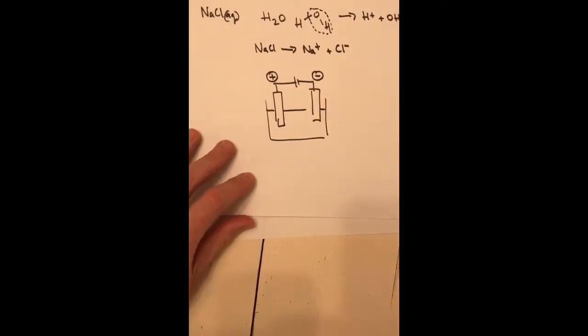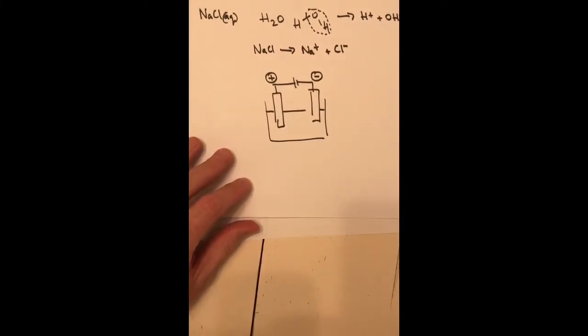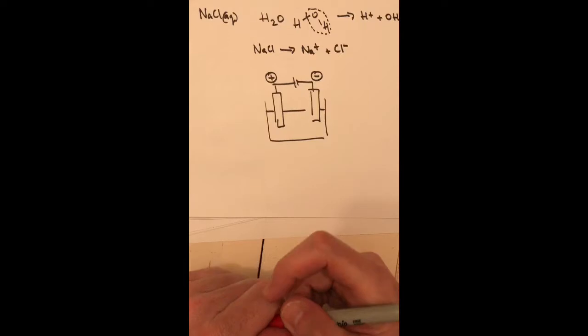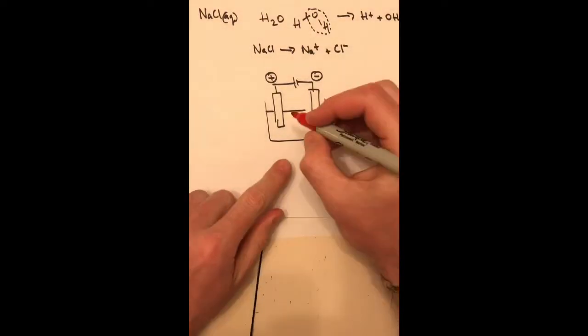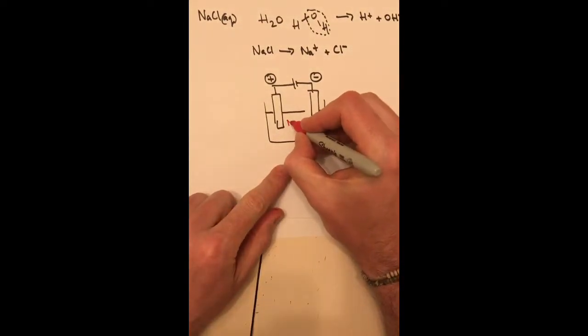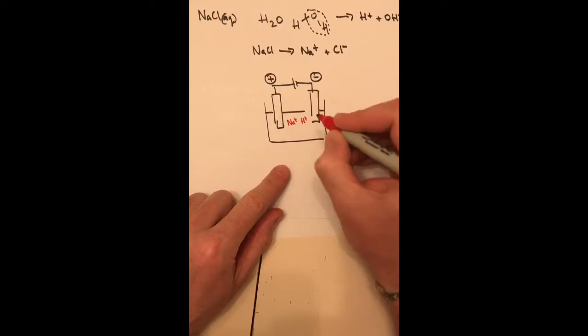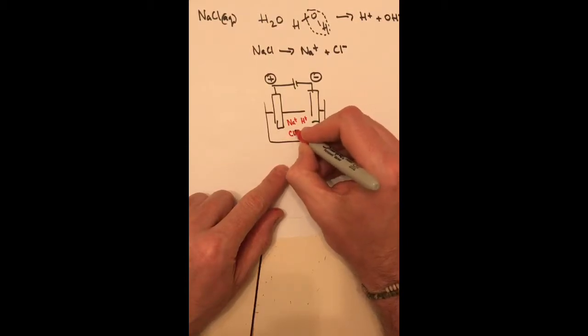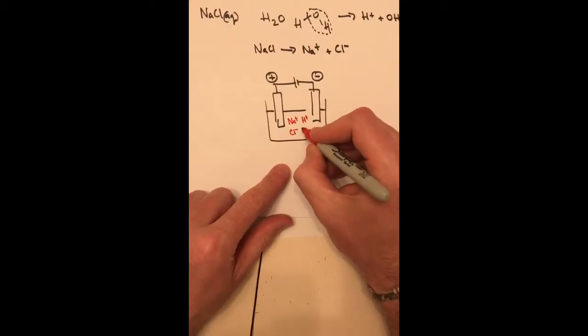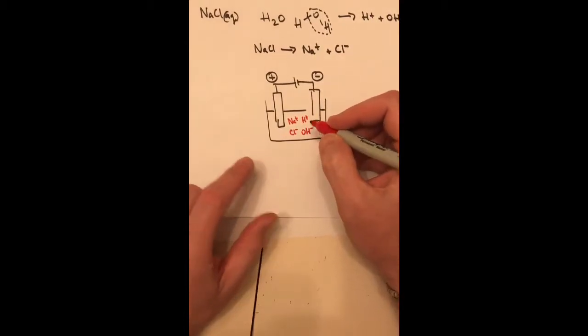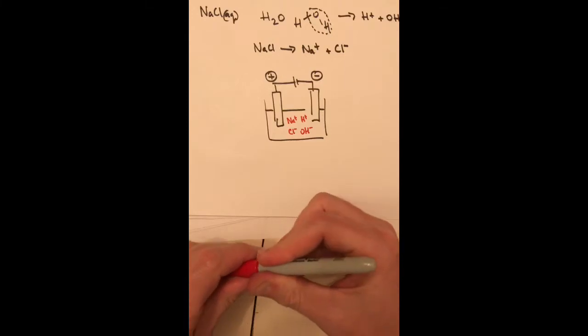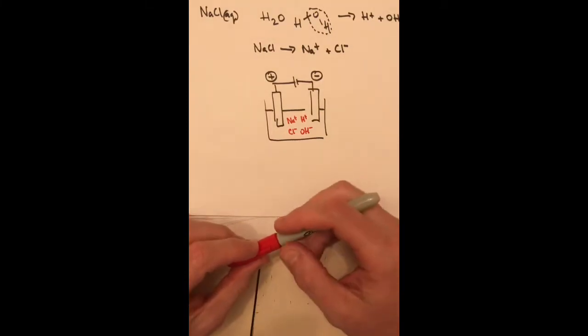So there are my two electrodes, positive electrode and negative electrode, and inside here, if you remember, we have Na+, H+ from the water, the chloride ion, and a hydroxide ion, all now loose, all now moving about inside here.